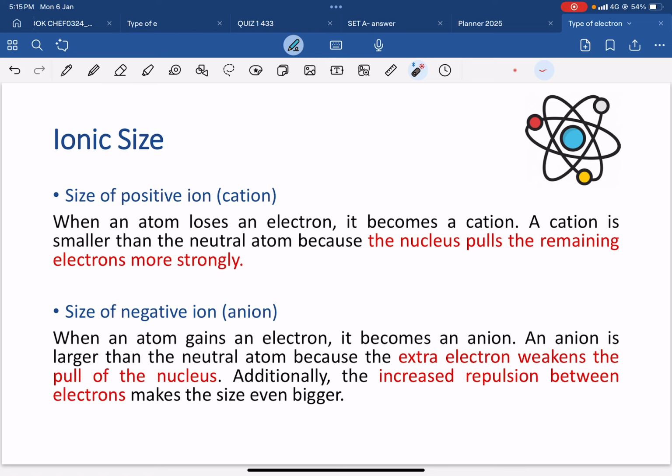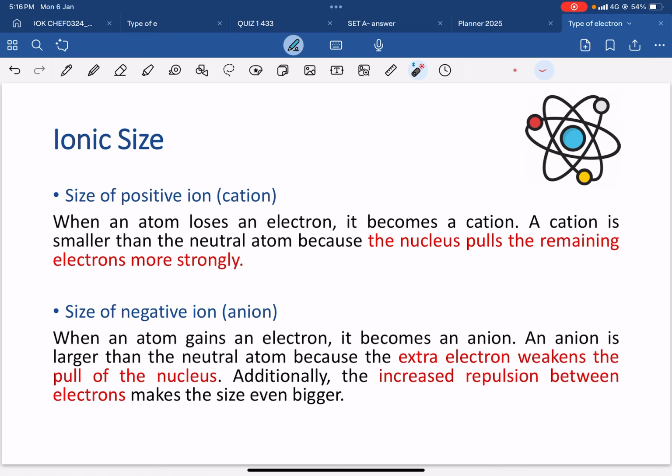Okay, so cation is smaller because the nucleus pulls the remaining electron more strongly. Okay, so you just imagine mula-mula nucleus ada 12 and then it loses 2 electron. Okay, so kalau mula-mula proton 12, elektron 12, that is atom. And then bila dia dah buang 2 elektron, nukleus ataupun proton still ada 12, betul tak?